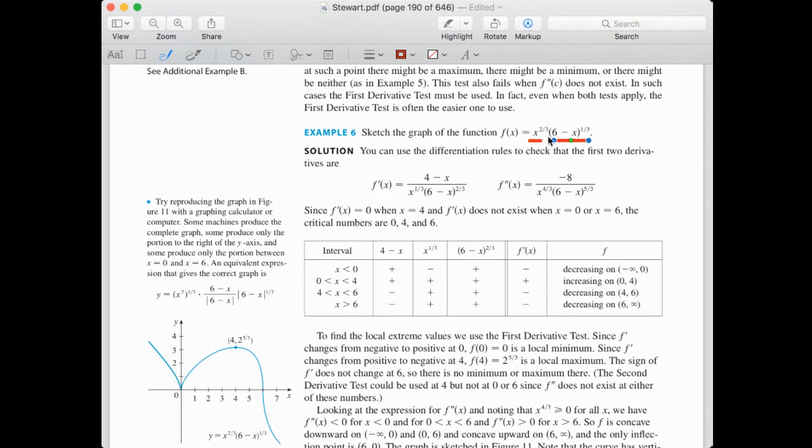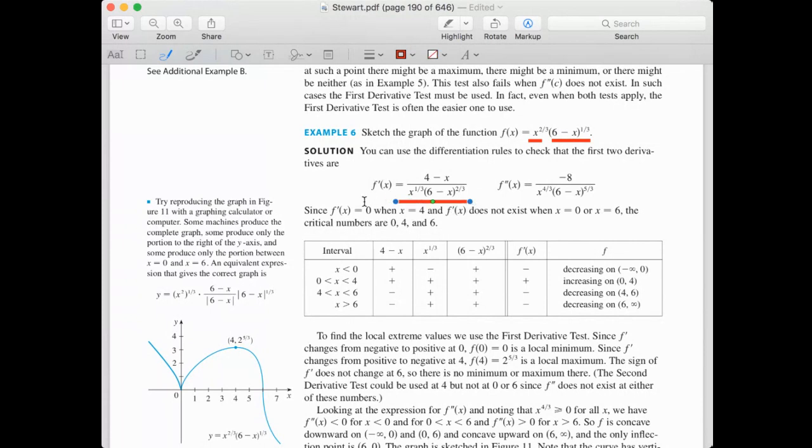So take the derivative of the first one, so we get 2/3 of x raised by -1/3, then multiply by the second term, 6 minus x raised by 1/3. Then plus, multiply the first one, take the derivative of the second one, which is 1/3 of 6 minus x raised by -2/3, then multiply by -1. Simplify from there, we get this one.